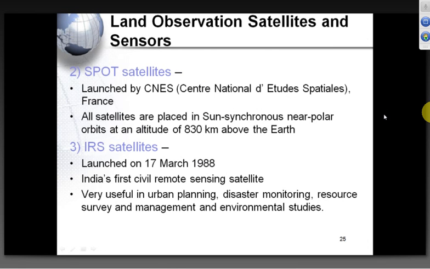Now, the first one that we studied is Landsat missions. Second one is SPOT satellites. The satellite was launched by France, CNES, Centre National d'Études Spatiales. All satellites are placed in sun-synchronous near-pole orbits at an altitude of 830 km above the Earth.